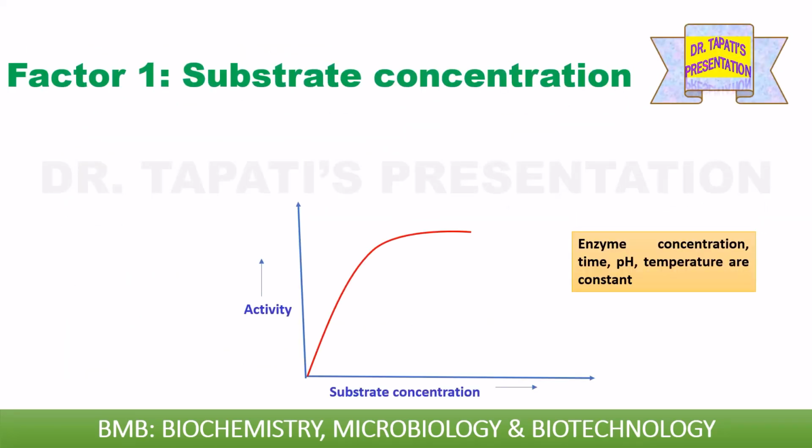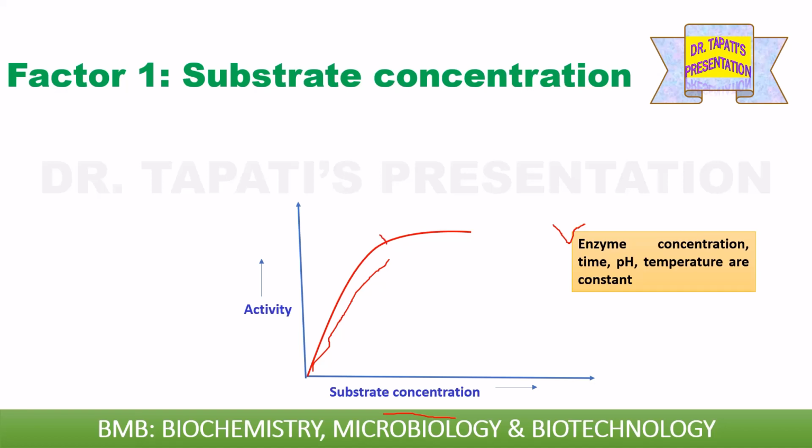Effect of substrate concentration. When other factors like enzyme concentration, time, pH, temperature are constant, the rate of enzymatic reaction increases with the substrate concentration until a limiting rate is reached.